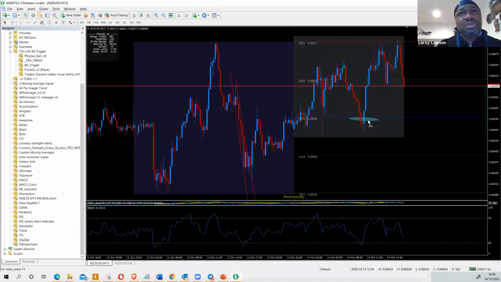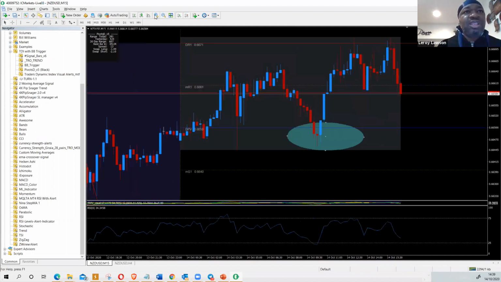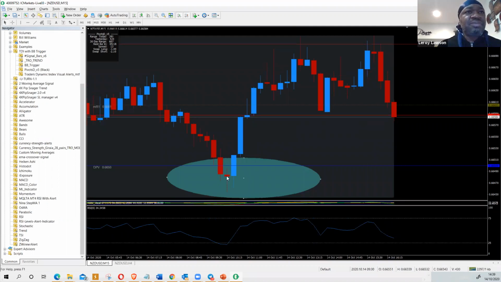That is terrible. Let me expand it. Okay. So this line here, this area, I don't know if that's a good enough color. I hope you guys can see that. We've got this candle. Let me make this a bit bigger as well so you can really see it.